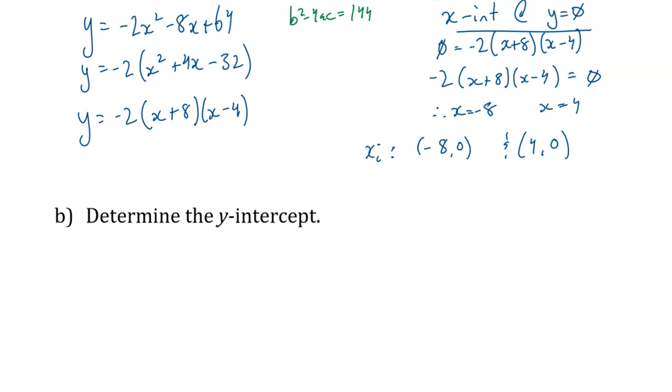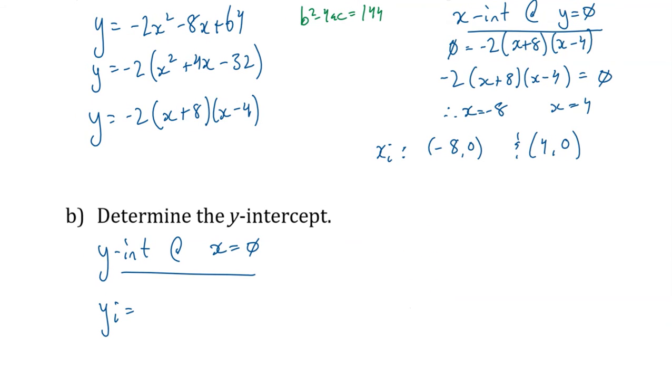What about the y-intercept? Well, the y-intercept is when x is 0. That's like a subscript i, a little i, not written like yi. It's y with a little i. Do you know what I mean by subscript? That's a short form for intercept.